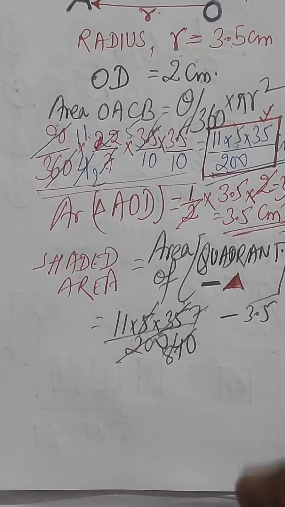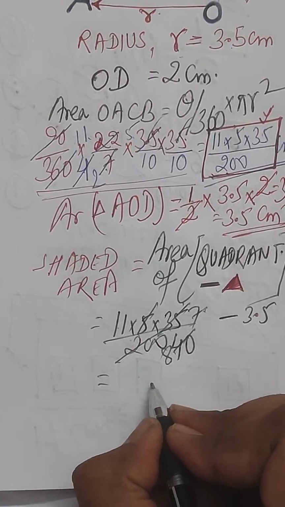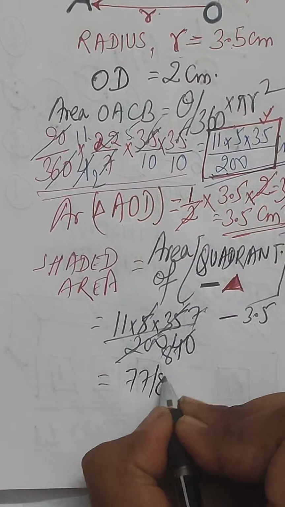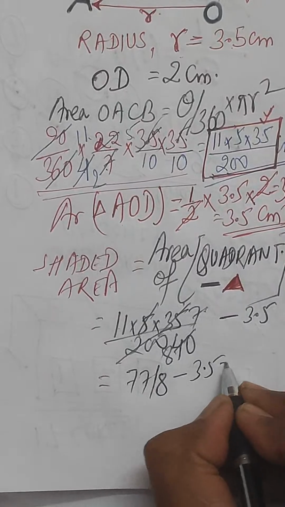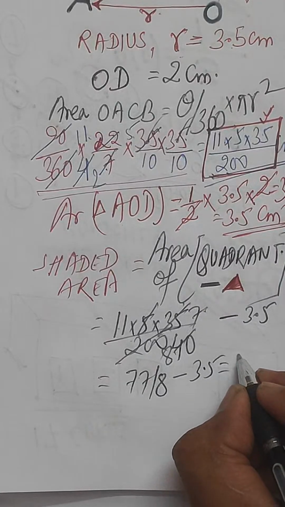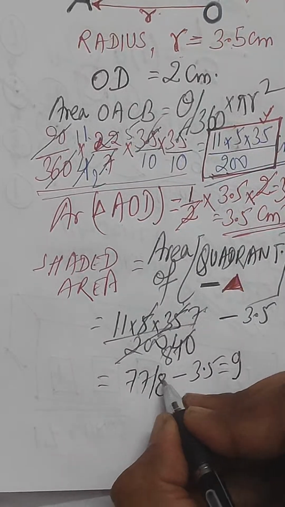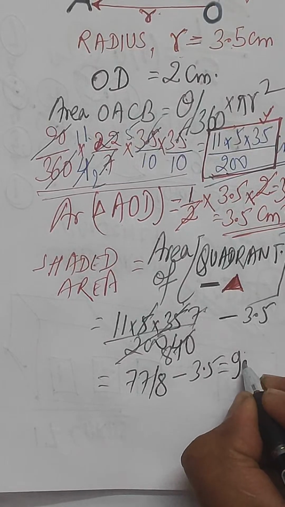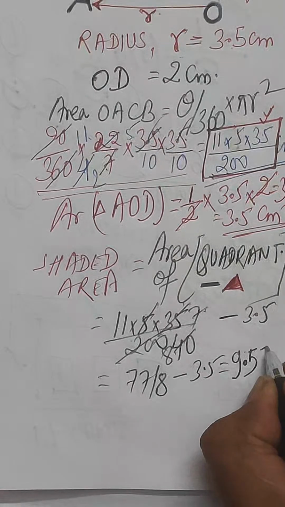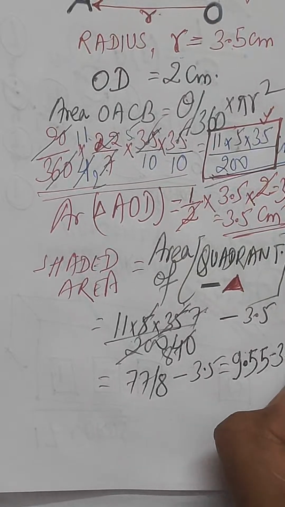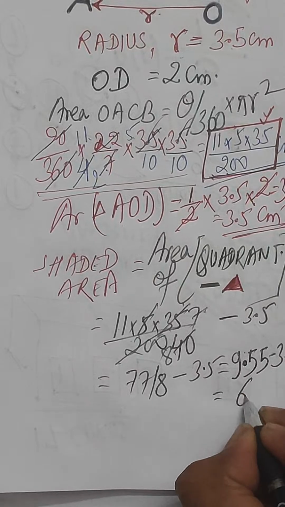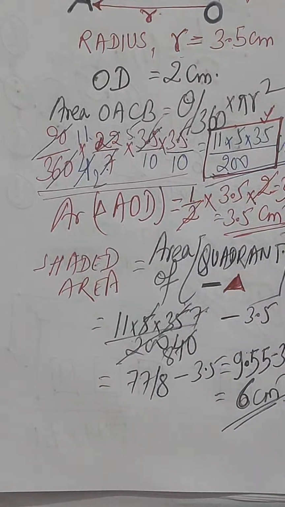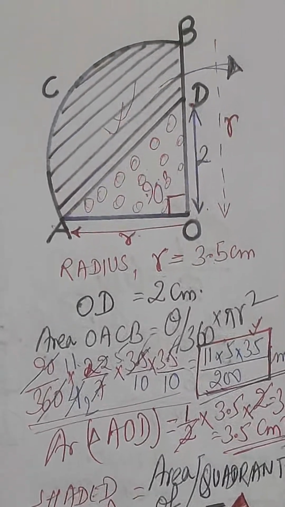So 77 by 8 minus 3.5, this will give you 9.55 minus 3.5, so this will give you around 6, right? So 6 centimeter square is your area of the shaded region, right? I hope you get it.